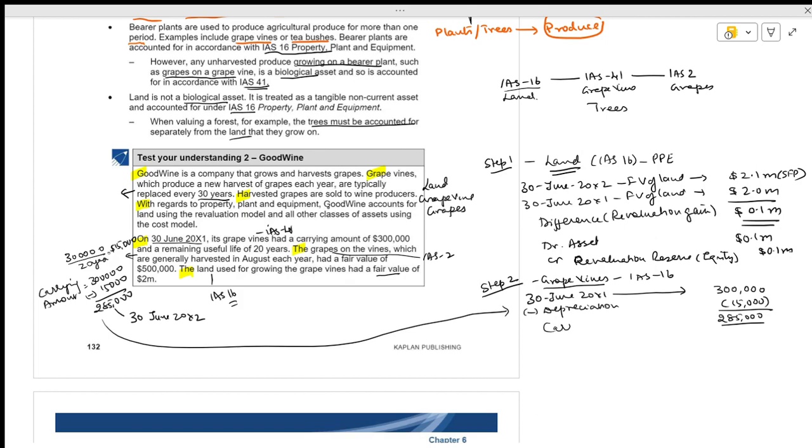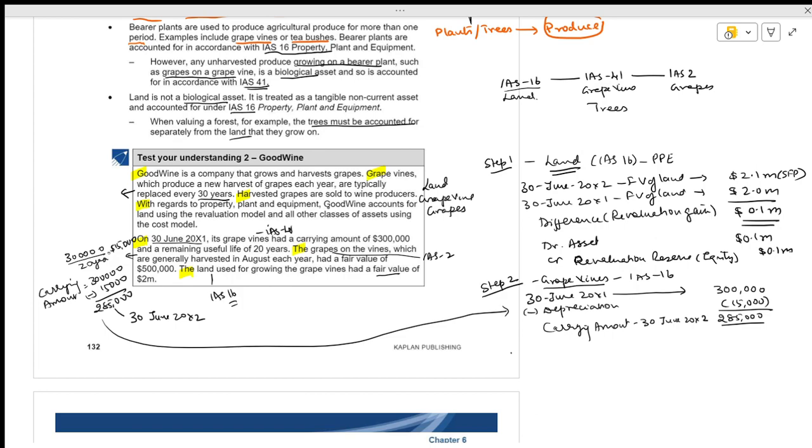This is the carrying amount as on 30th June 2002. This is step 2.